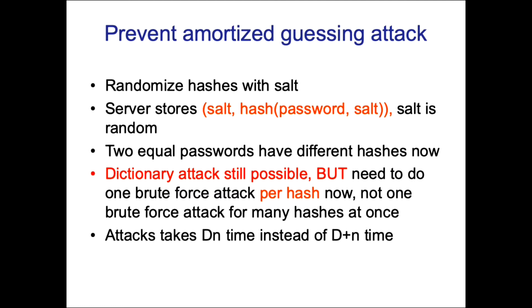Why? Because the salts are different from one password to another. So the attacker will need time d times n instead of d plus n, so it can no longer do this amortized time. And this is much, much slower, because if n is 6 million, then it's 6 million times slower for the attacker to reverse the passwords than it was without the salts.